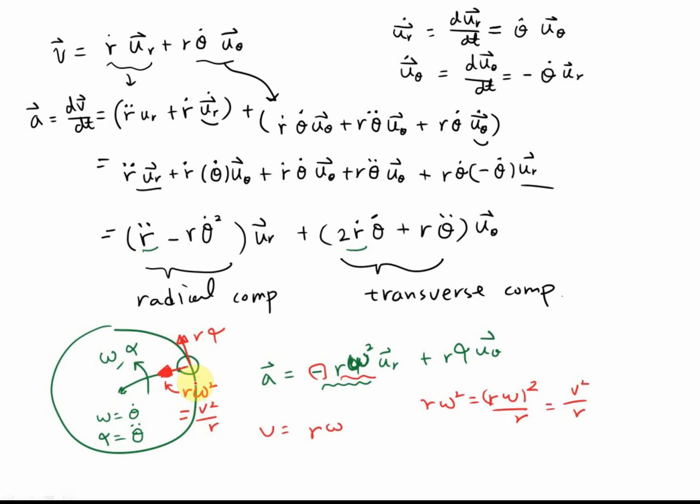If you know the velocity of the object, you just divide by r, and that becomes the radial component of your acceleration. Now, if you apply this to a practice example, then everything will make more sense to you.